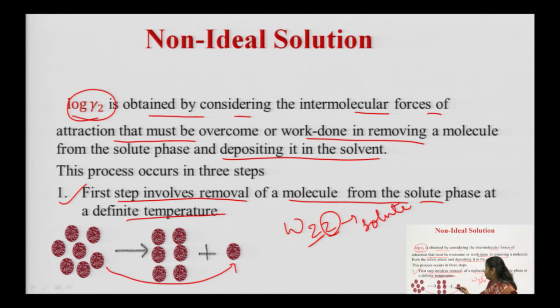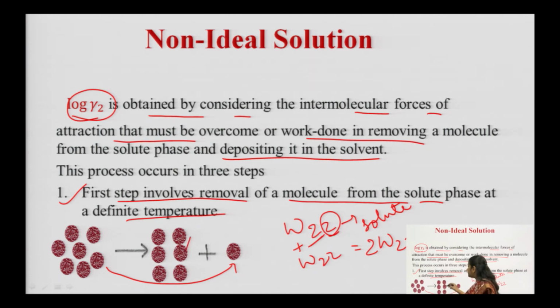Okay. As the solute is removed, there is a formation of a hole. Due to the formation of the hole, again the work done is W22. So the total work done will be 2 W22, but what happens? The solute will rearrange itself.